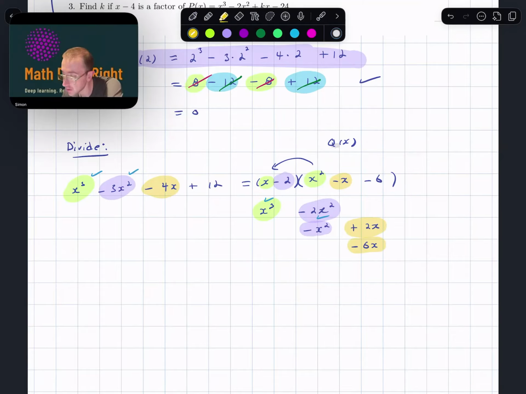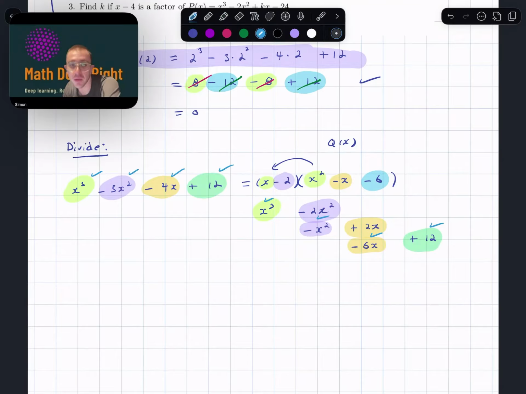I need a negative 6 to multiply by that x to get negative 6x. That, of course, works. We now have the right number of x's. And then the negative 6 multiplies by the negative 2 and gives us positive 12. So the constant is positive 12, and that is the correct constant. This one works because we knew that x minus 2 was a factor. Because p of 2 was equal to 0, we were guaranteed to have this happen.